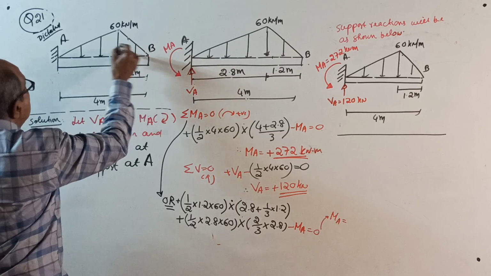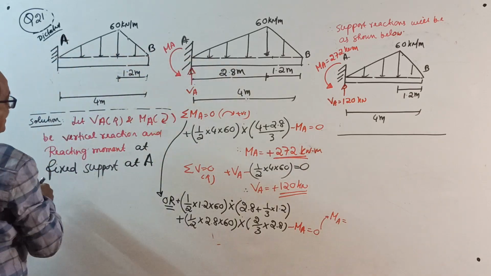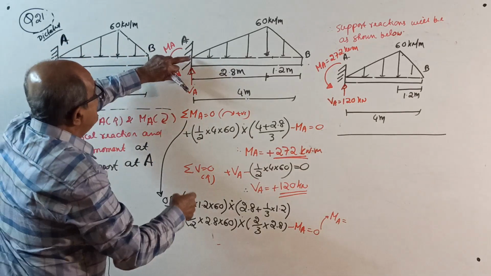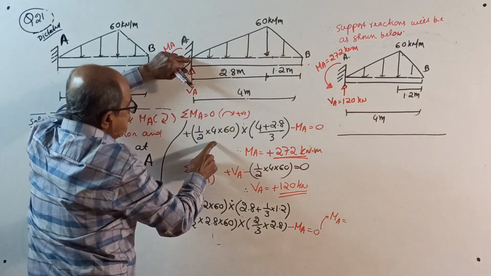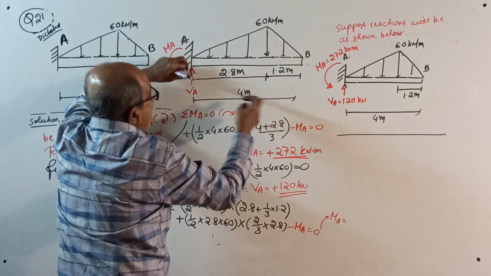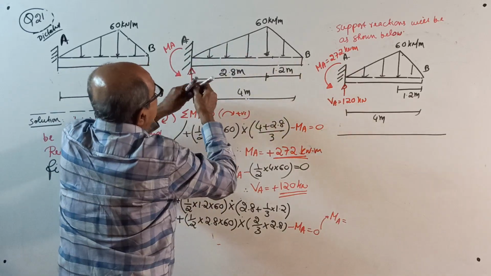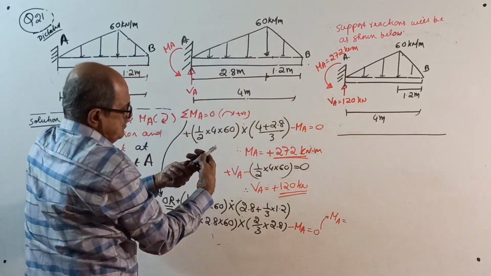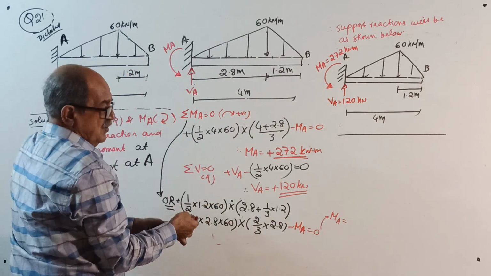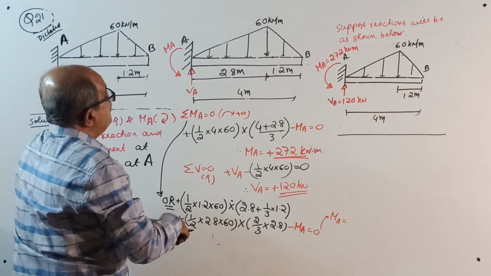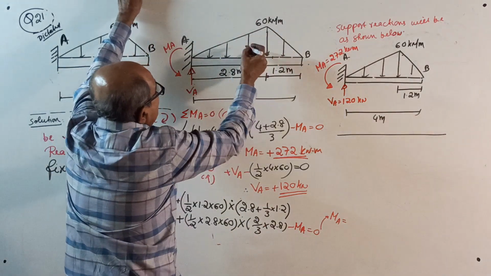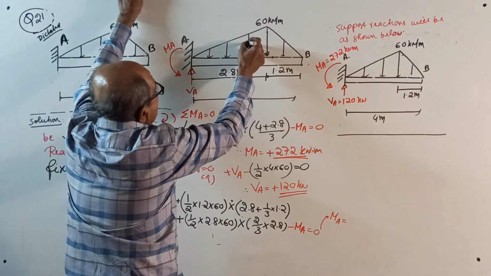AB, A is fixed, and be careful. VA, etc. Take moment about A. Direct solution: plus the complete triangle. Make a note here. If you take the complete triangle, the resultant will be somewhere here.